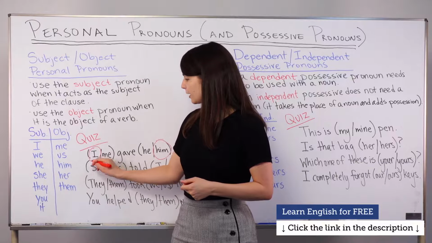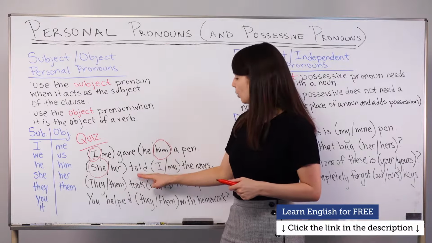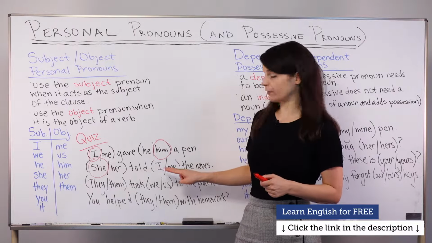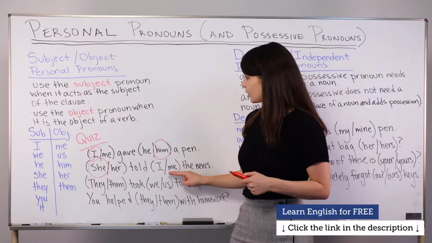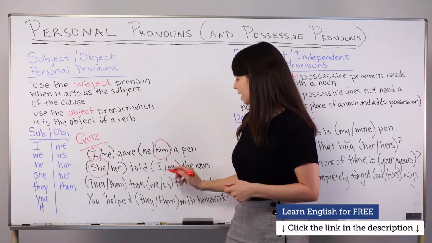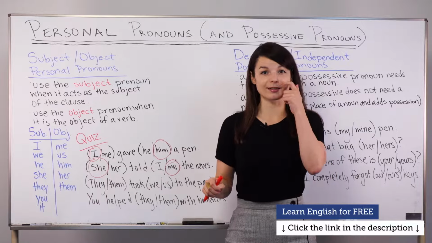So we know that she is the correct answer here. She told I or me. Again, this is the object of the verb told, the thing that's receiving the action. So we should look over here and find the object. In the object column is me. She told me the news is the correct sentence.